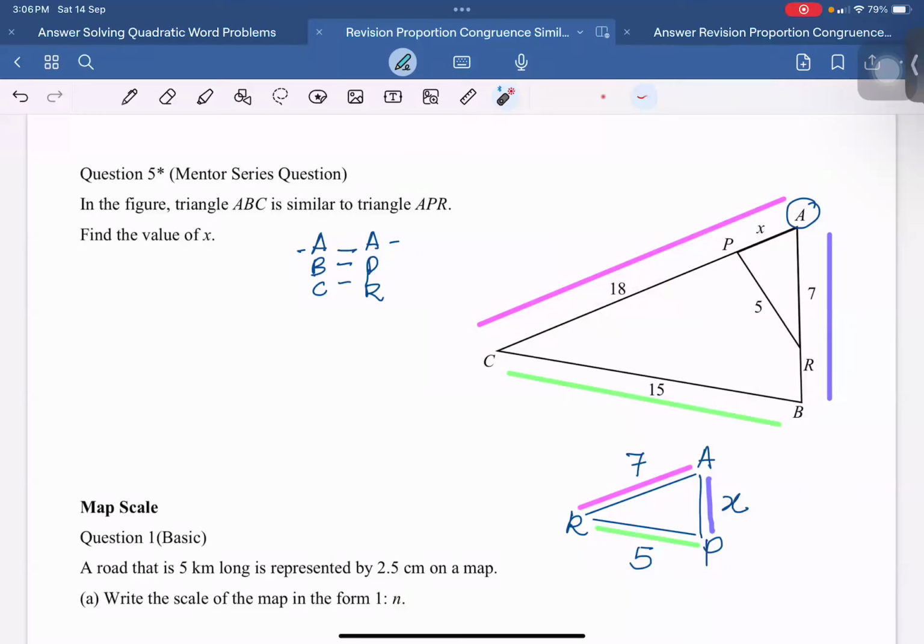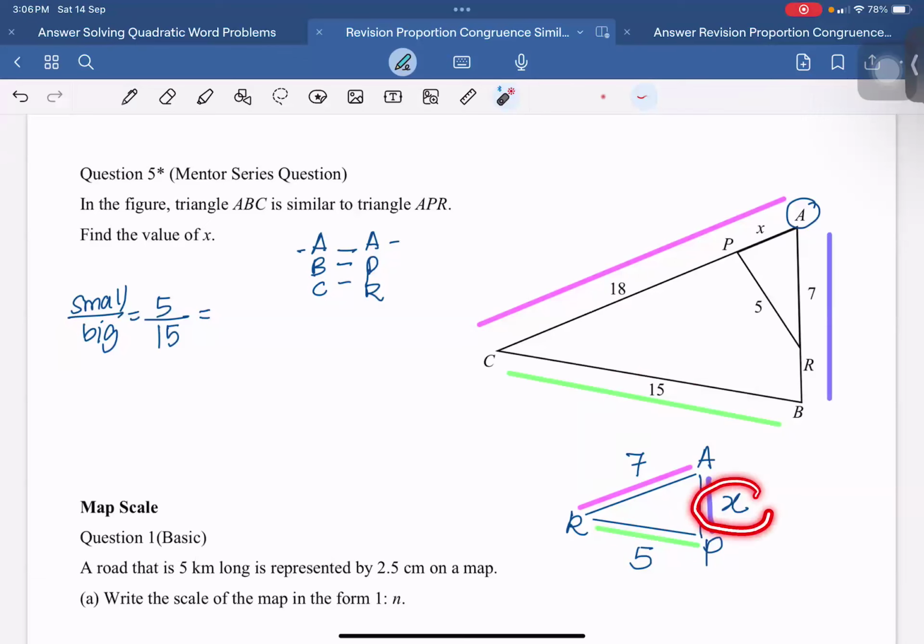For my green pair, I'll write small over big ratio. The small one is 5, and the big one must match with 15. So 5 over 15. I'll just keep this, I'm lazy to calculate.